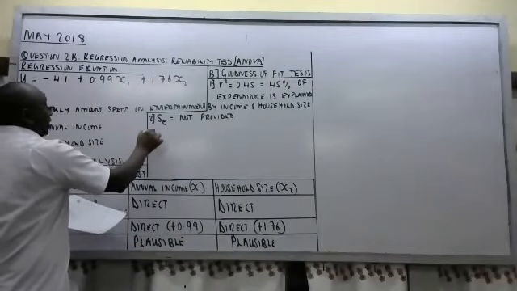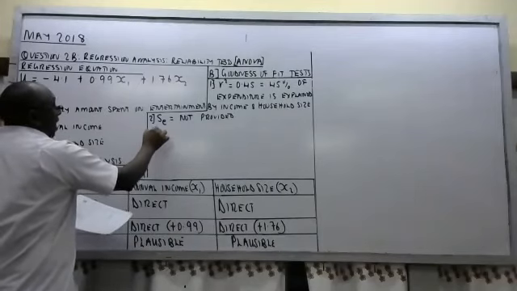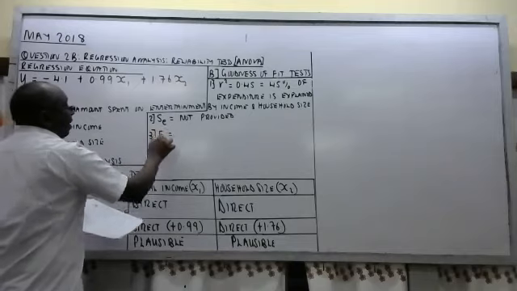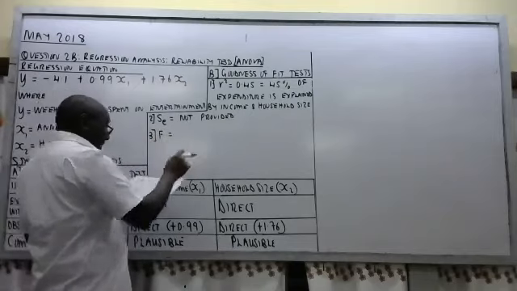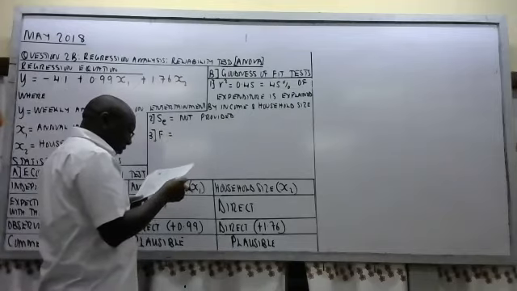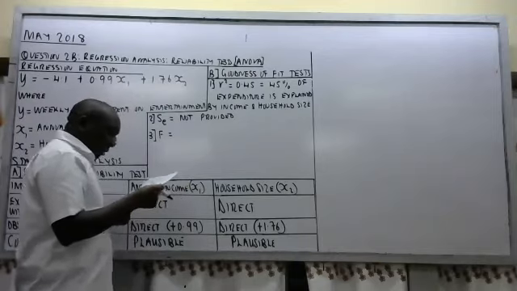Number 3 is what we call the F tests. Now, F again is not provided. Oh, it is provided. Good.